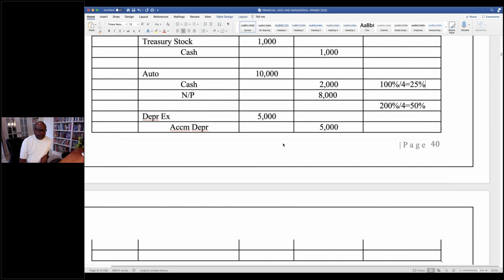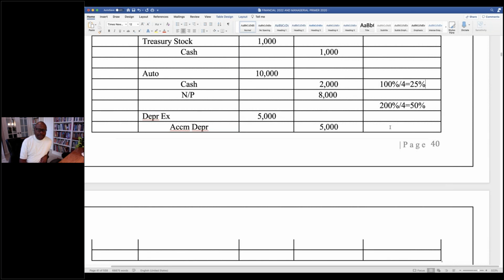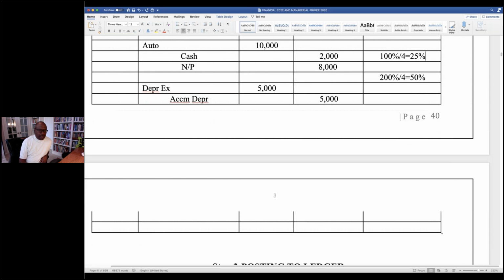Suppose that you sell the car at the end of this period. You sell the car for $6,000. So you don't keep the car.